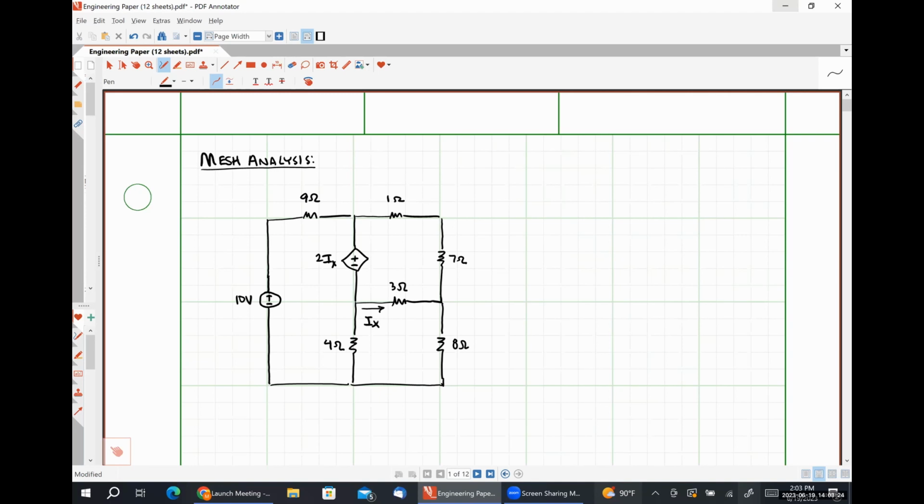And now let's talk about the various steps for mesh analysis. So our first step is going to be for us to identify our meshes.